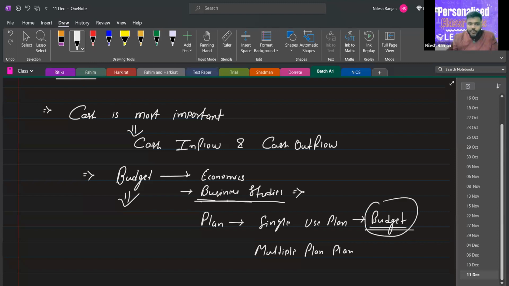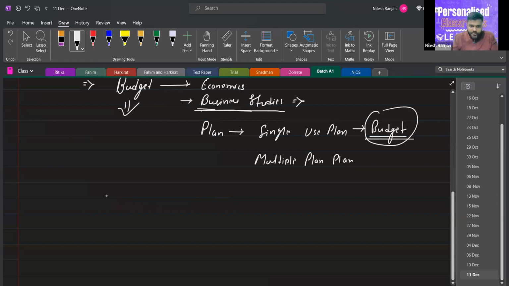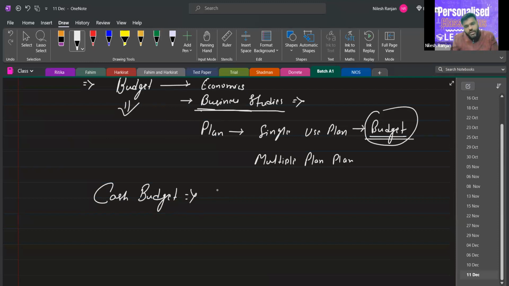Now, in the budget, we prepare cash budget also. It will tell us that in future, how much money we are going to receive, cash receipt, and cash payment.